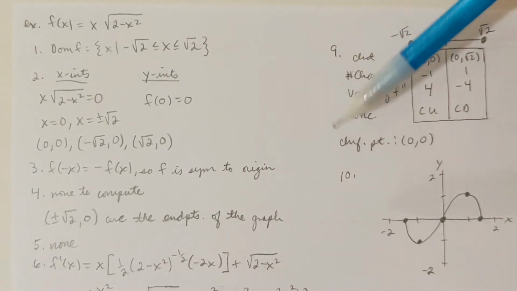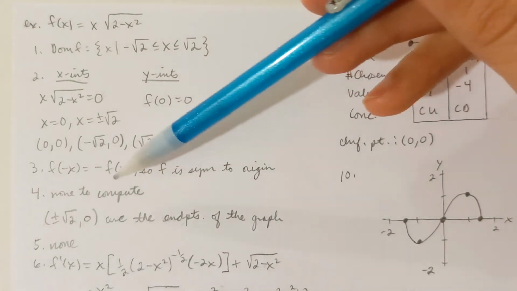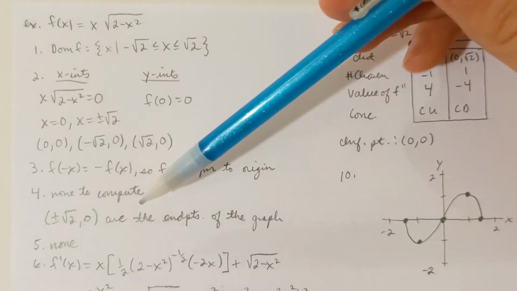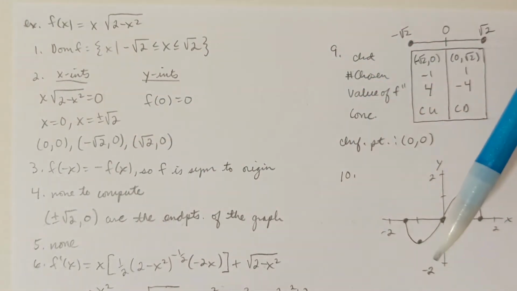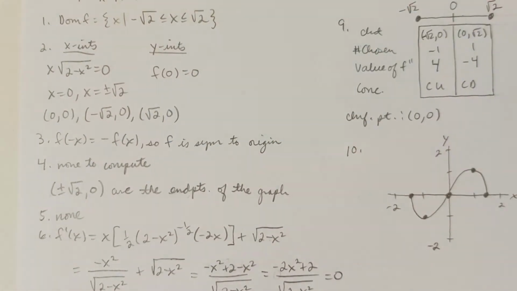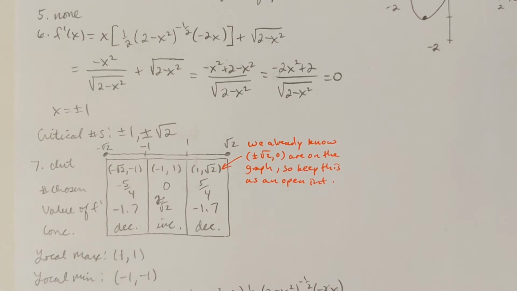There is a start-stop thing going here. Okay, x is not heading out towards infinity or negative infinity. So there would be none of those to compute. Okay, these 2 intercepts, as I mentioned before, are the endpoints of the graph. There's no asymptotes on the graph, and so we can go right to step 6 now.